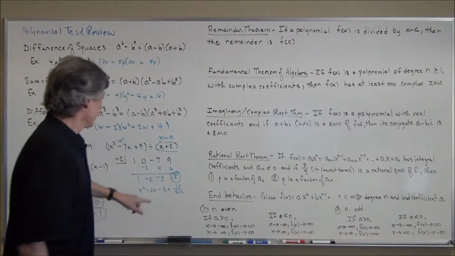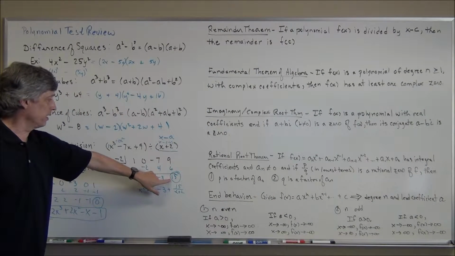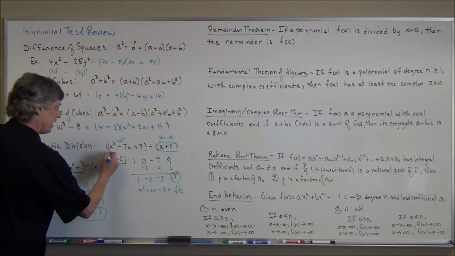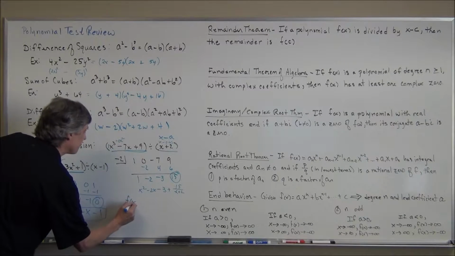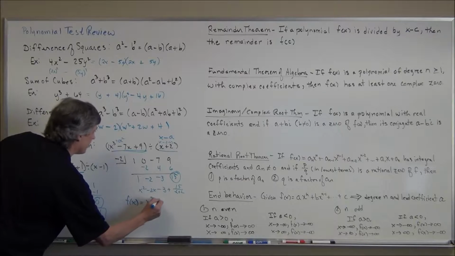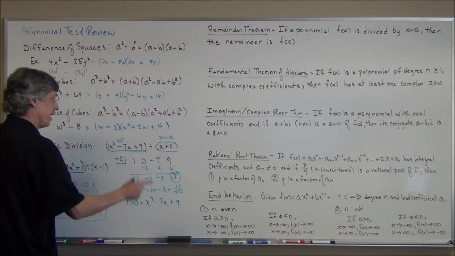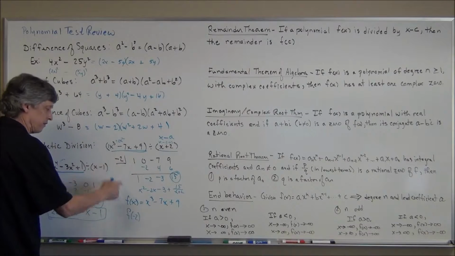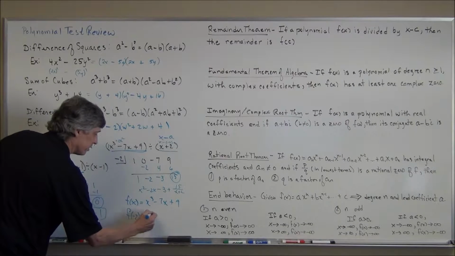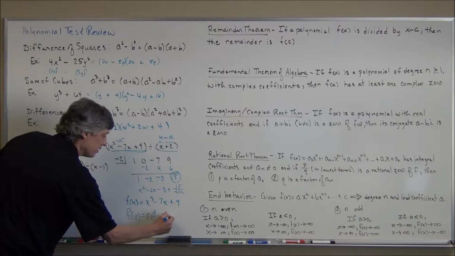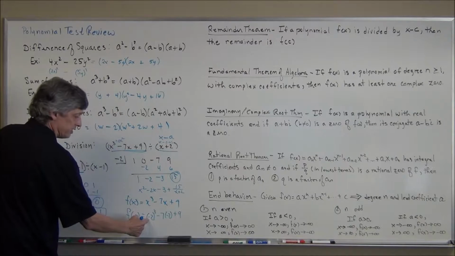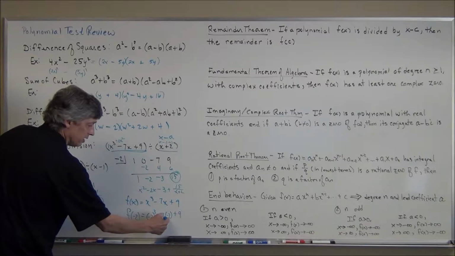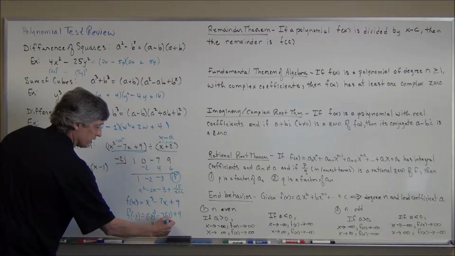Look back here. Remember my remainder here turned out to be 15? That's saying that if this is my f of x, if my f of x is x to the 3rd minus 7x plus 9, and I plug in negative 2, if I find f of negative 2, see the negative 2 right here, and go through the steps, so that's negative 2 times negative 2 times negative 2 is negative 8 plus 14 plus 9.